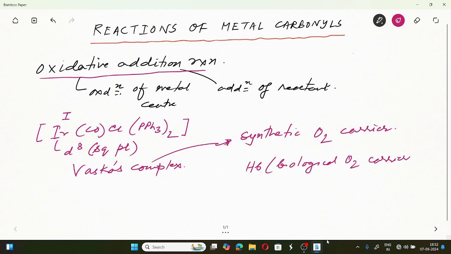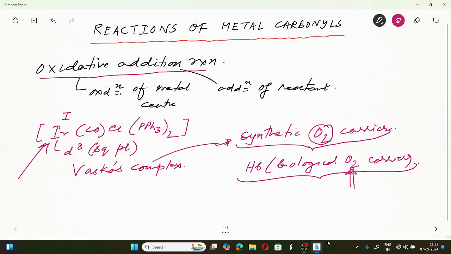It carries oxygen from the lungs to different parts of the body. It does so by binding; later on we'll be teaching that this oxygen gets bonded to the iron center in hemoglobin. In a similar way, molecular oxygen gets bonded to the iridium center of Vaska's complex.